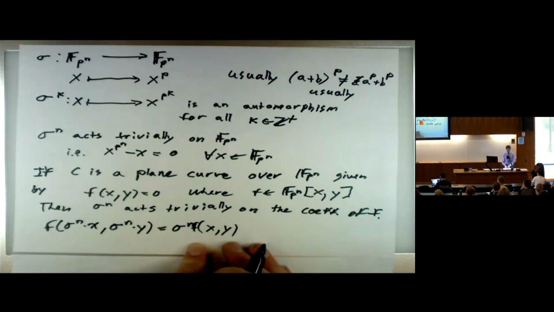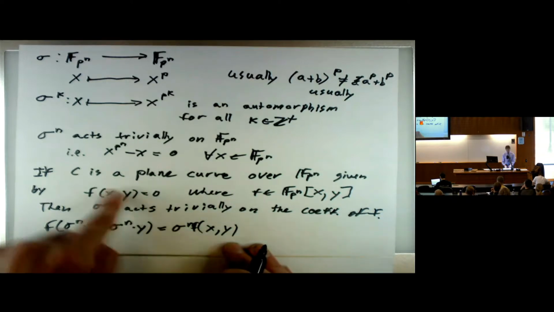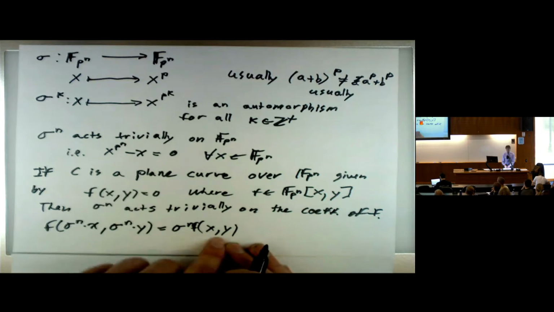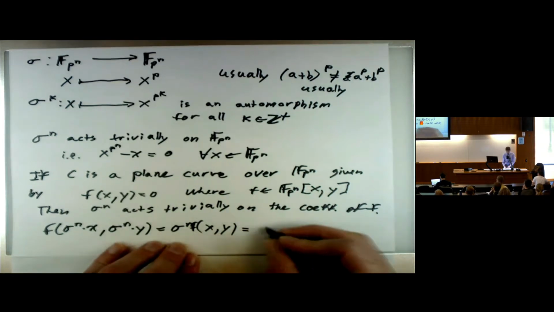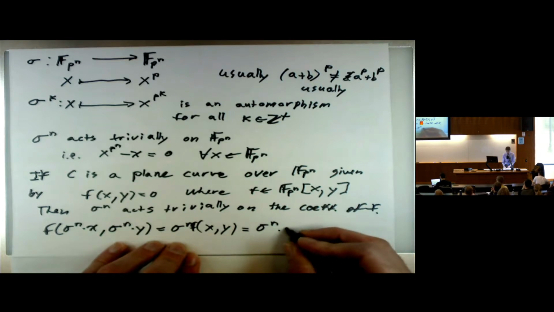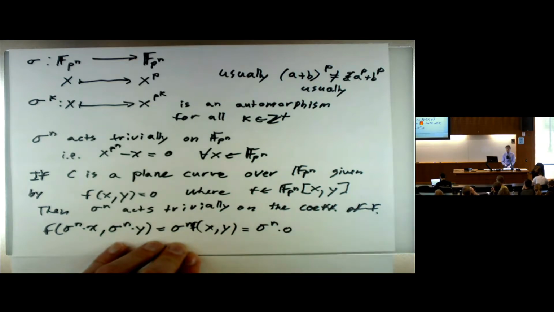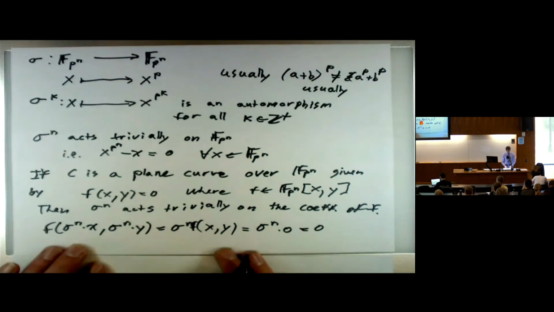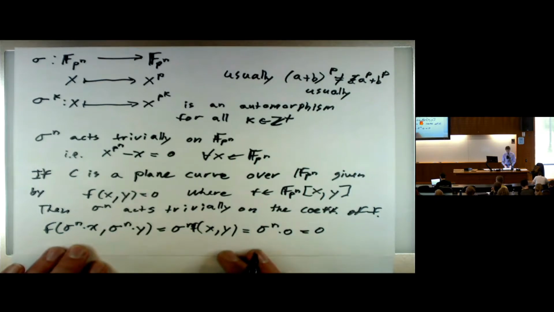It then acts trivially on the coefficients, and then can be brought inside the powers by the fact that it works on the products, and so we get this. So I'm writing it backwards, but now, if I have a point on the curve, then this is 0. So sigma^n applied to 0 is of course going to send 0 to 0. So the upshot is that sigma^n sends a point on the curve to another point on the curve.